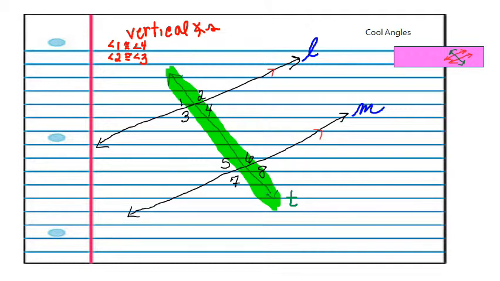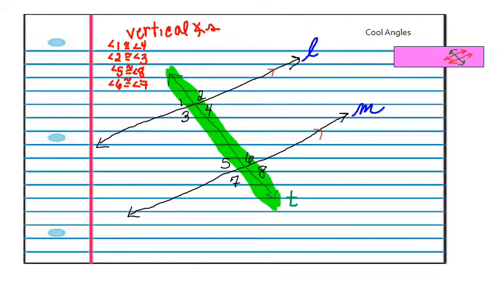Likewise, down below, since there's an equidistance thing happening here, angle 5 is congruent to angle 8, and angle 6 is congruent to angle 7. So vertical angles are the first property that happens with parallel lines here.